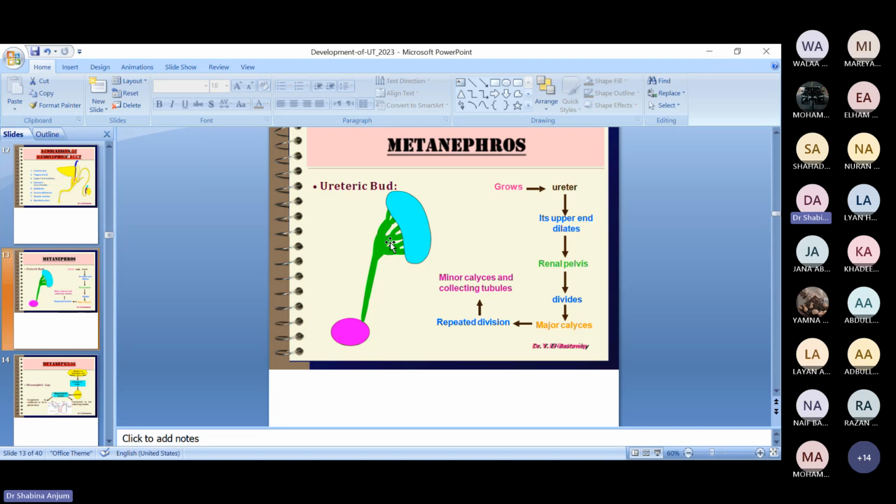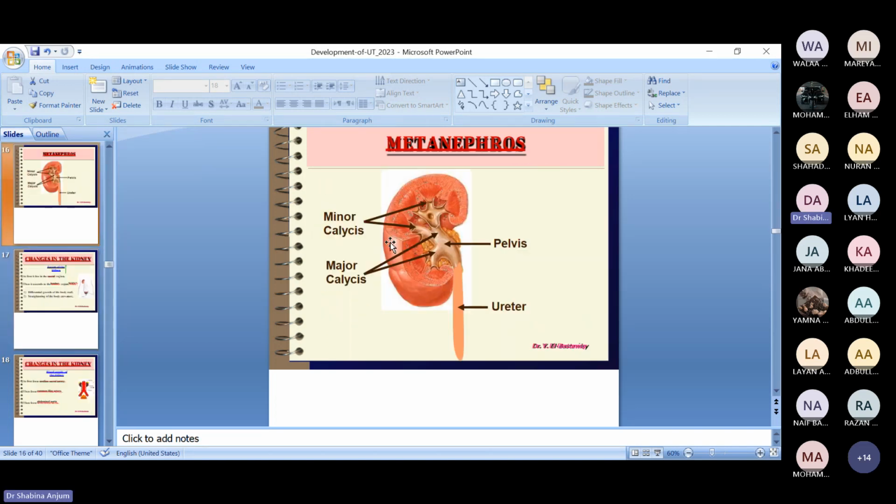I believe you remember this structure. Maybe you have studied in the kidneys that we have the minor calyces. They all join to form the major calyces, and the major calyces finally open into the dilated part of the ureter, which is called the pelvis, and then you have the ureter.